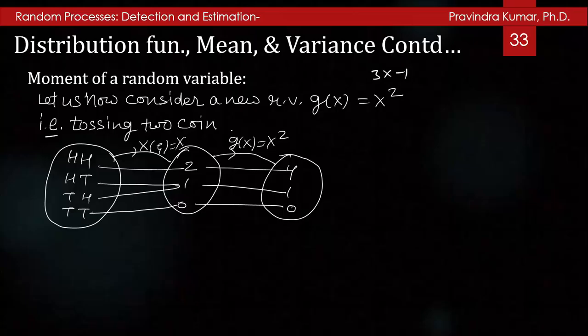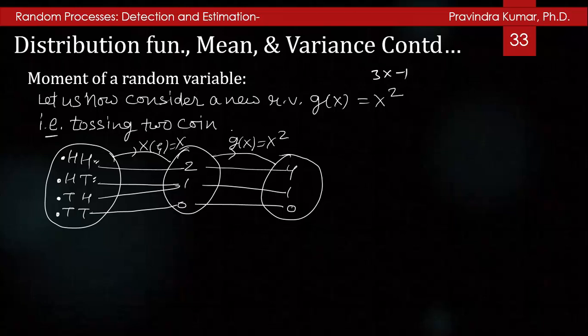These are the possible outcomes: HH, HT, TH, and TT. And the random variable is a rule, or a function, by which we assign a real number to all possible outcomes. Here the random variable x is the number of heads. So by this rule we can assign values to the outcomes of the experiment.